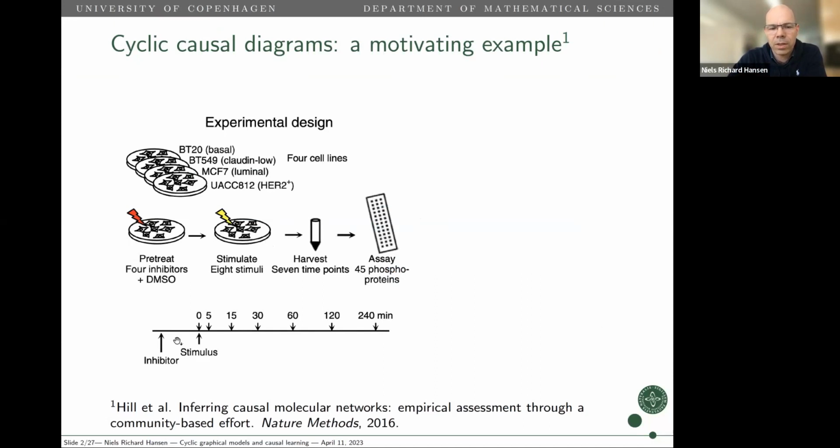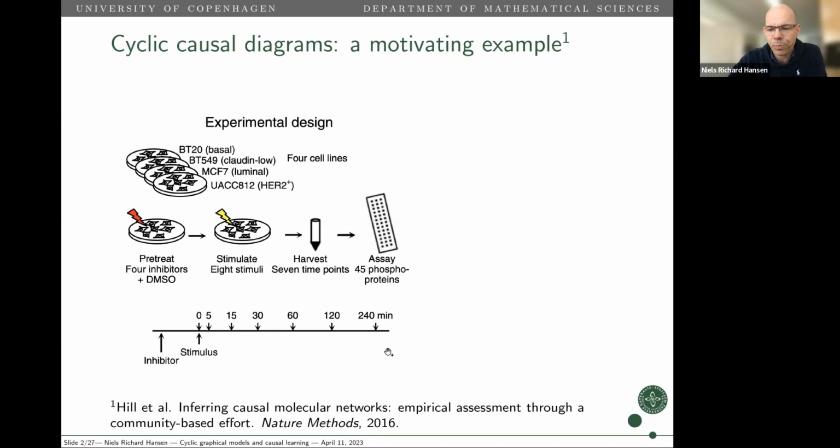And these abundances are measured at different time points. So we have time course data. This experiment was done as part of a competition, and participants were supposed to infer the causal structure and what happened when you did interventions in this experiment.